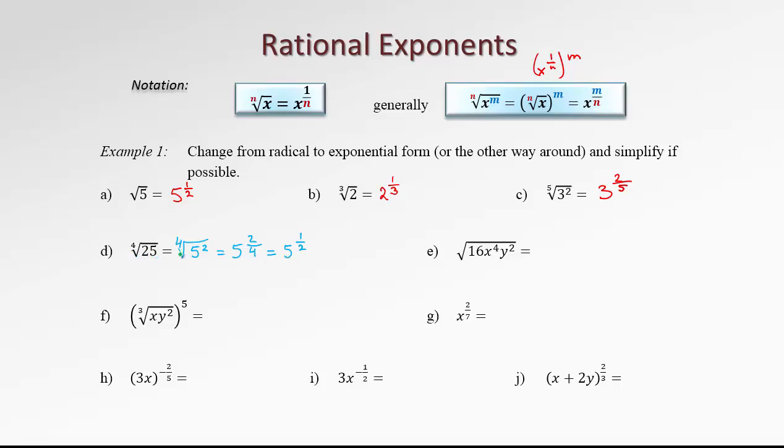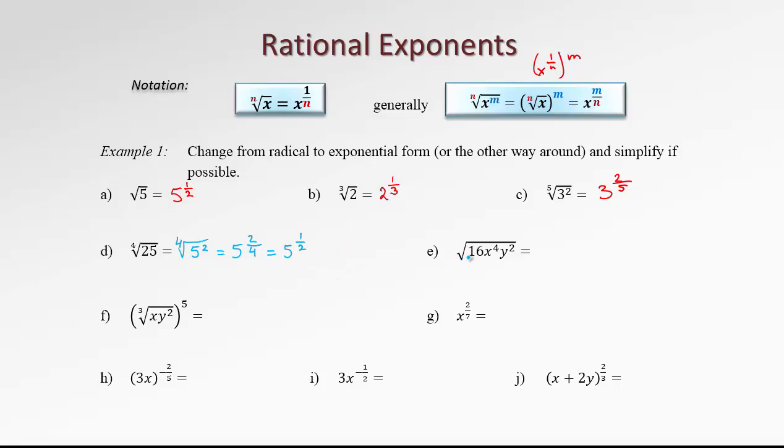We haven't been asked for it yet, but we could leave this answer either in exponential form as desired in this question, or rewrite it back to the radical form, but the radical is already simplified. You see, this is the same as square root of 5. So 4th degree root of 25 is the same as square root of 5. However, we are not asked for it in this example.